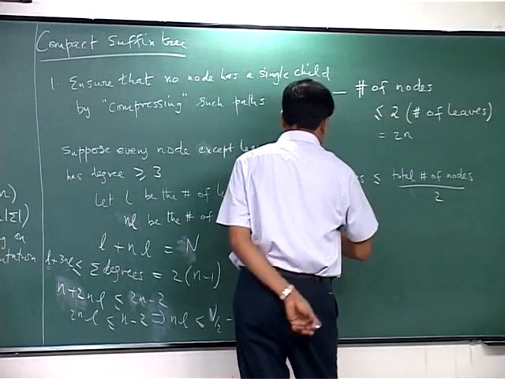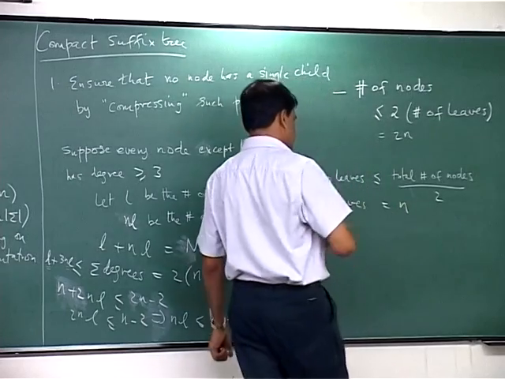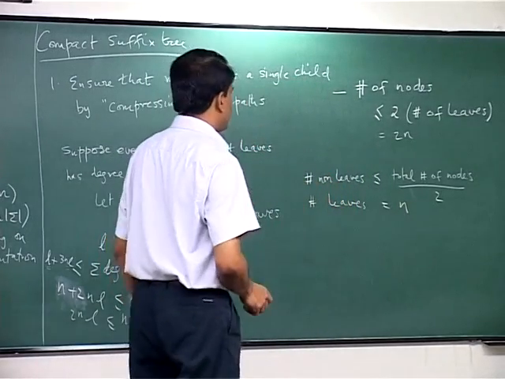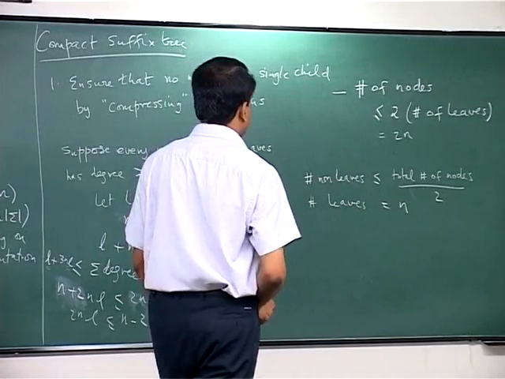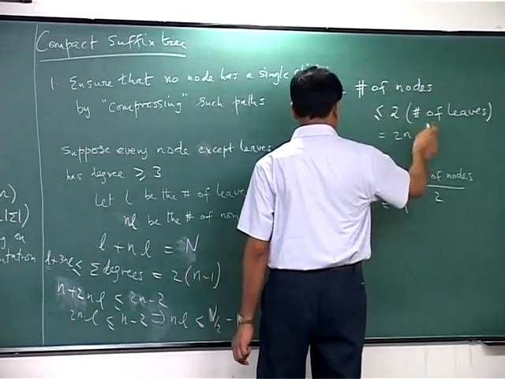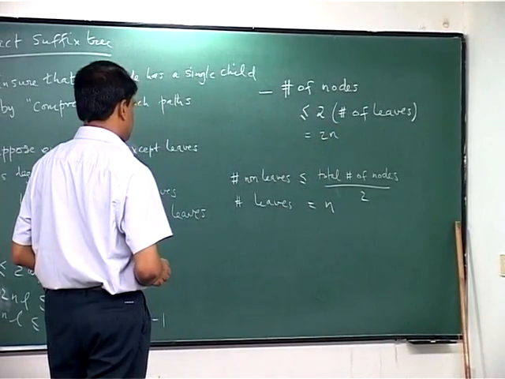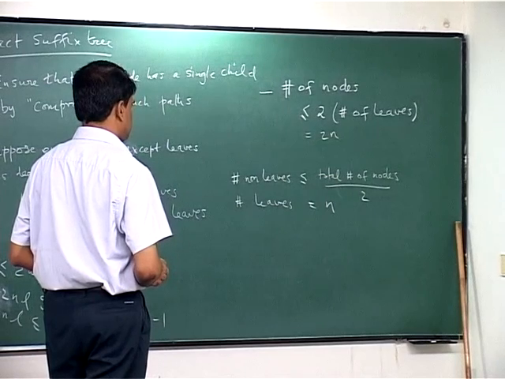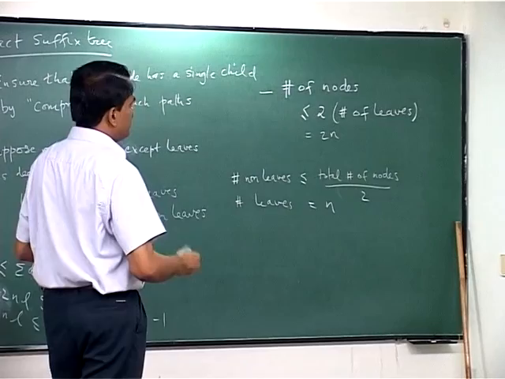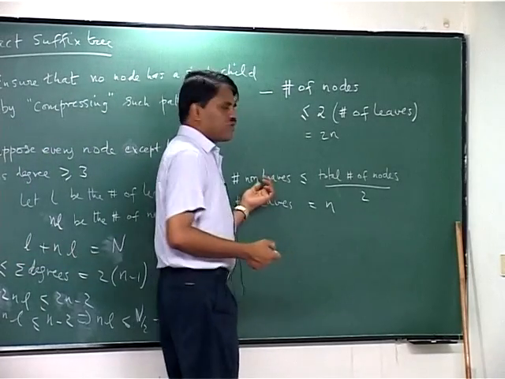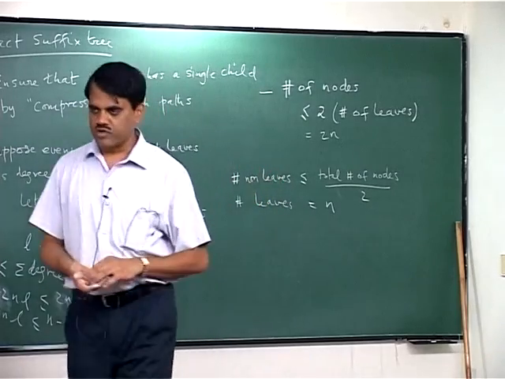And the number of leaves is n, and so you can figure out from here that the total number of nodes is at most 2 times the number of leaves. The number of leaves is n, and this is saying that the number of non-leaves cannot be too many. Okay, so overall you have at most 2n nodes.